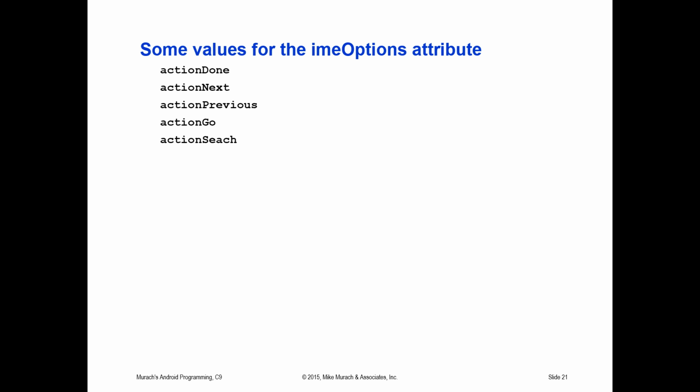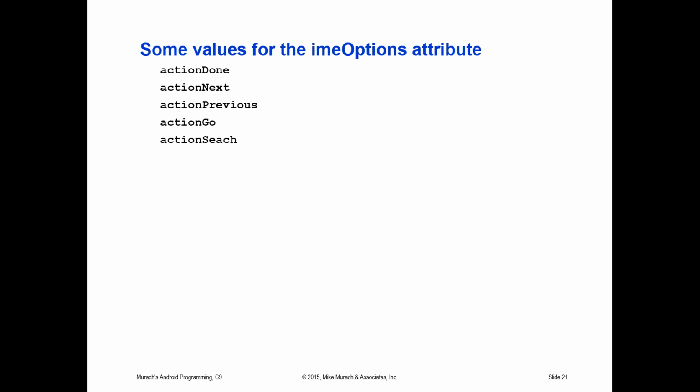A common problem is that Android doesn't always display the context action button on the soft keyboard. If you need to fix this, you can use the IME options attribute of an edit text element to specify the correct action button for the soft keyboard.